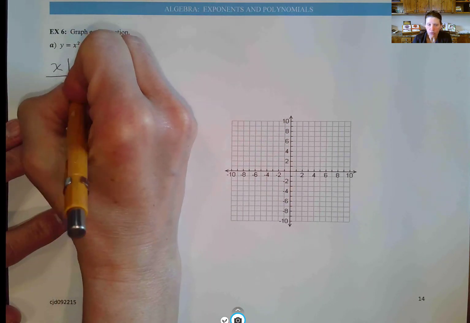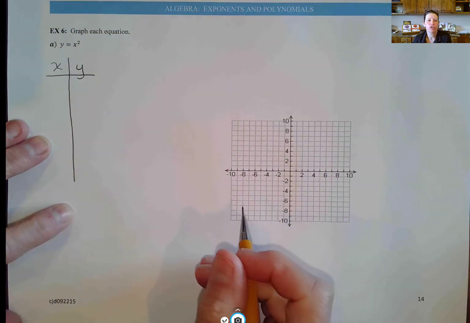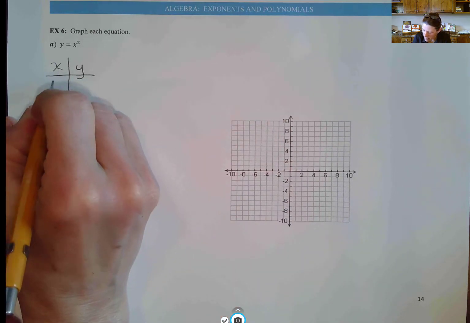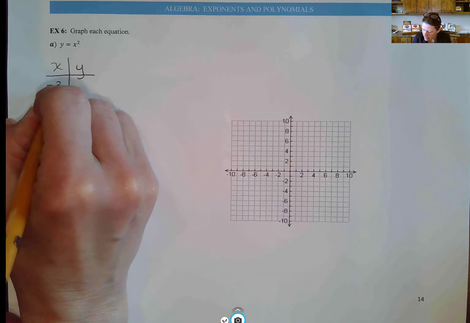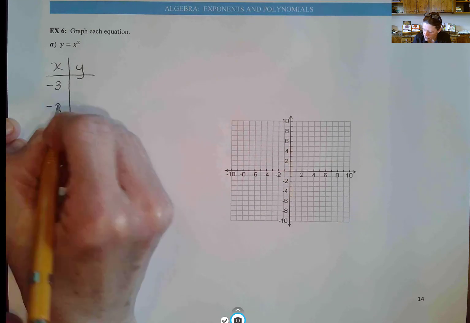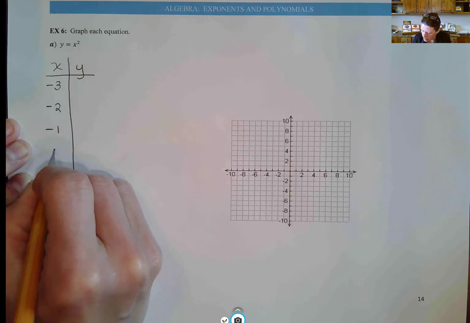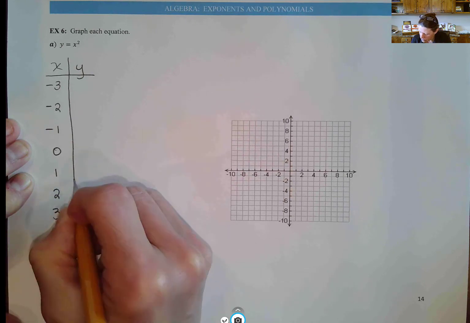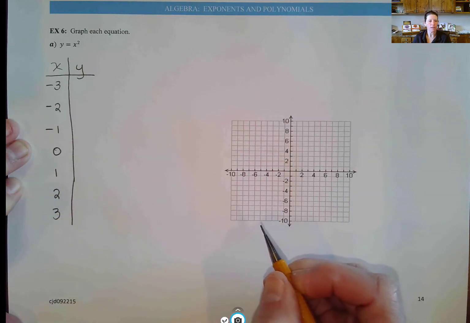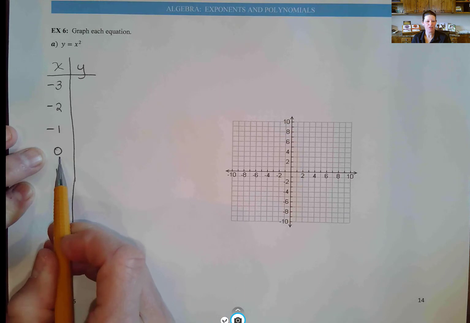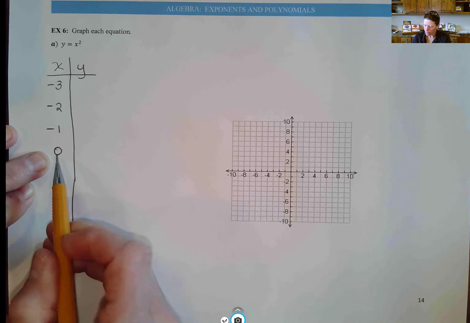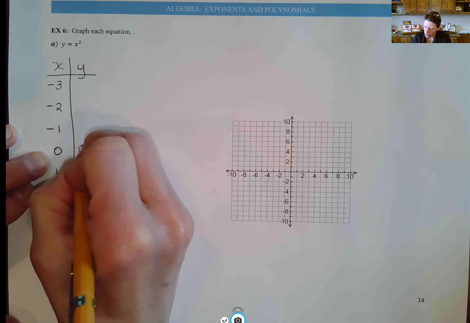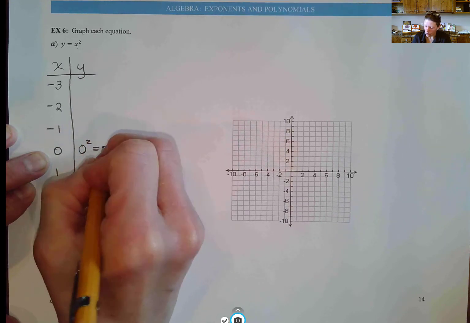I'm just going to use a t-table and generate some points by substituting some values for x, like -3, -2, -1, 0, 1, 2, and 3, and just generating some values for y. I like to start right here in the middle with 0. If x is 0, then y is 0 squared, or 0, isn't it?